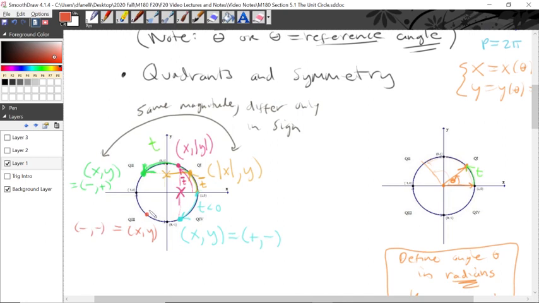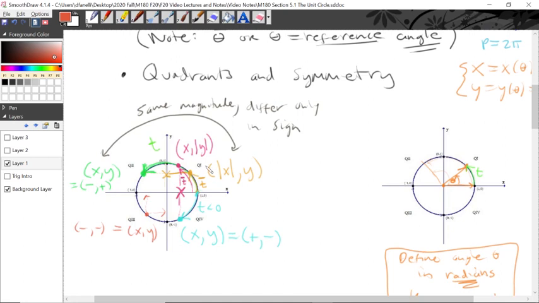We would have to do 2 reflections in order to get back to quadrant 1. We would first reflect it through the x-axis and then reflect it through the y-axis. Either in this direction or in this direction, we would get back to a reference point back in quadrant 1.